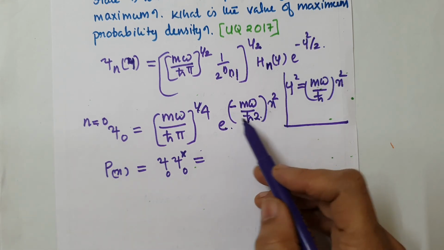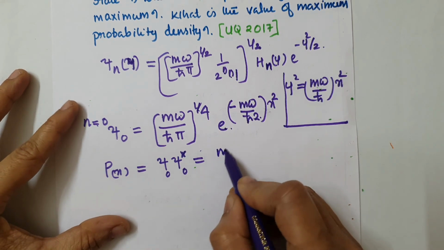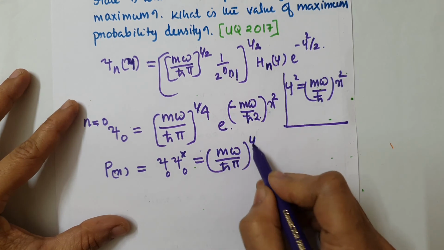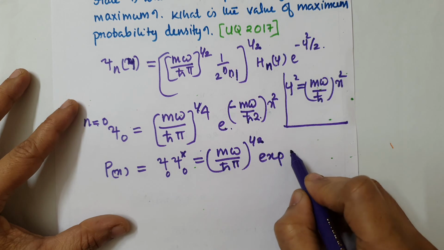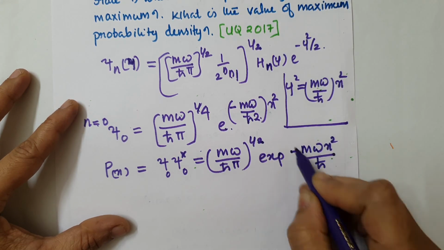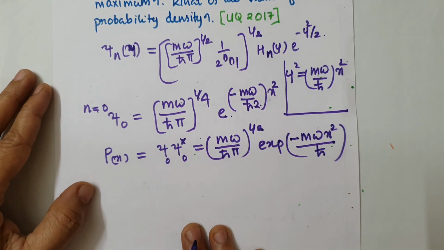Therefore the 2 and 2 will cancel, and it will be m omega by h cut pi the whole raised to 1 by 2, exponential e raised to minus m omega x square by h cut. This is the equation of the probability density.